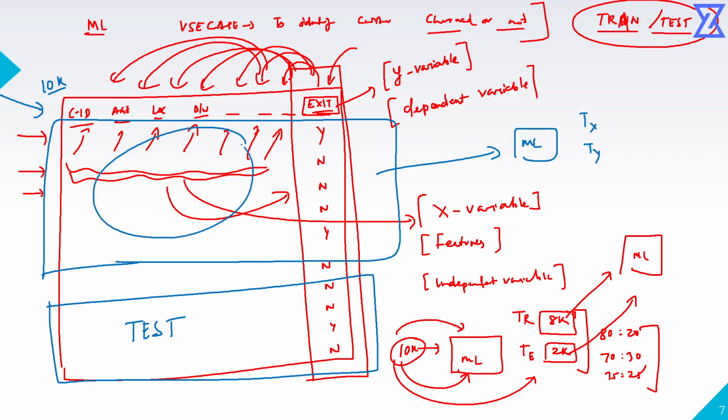That means this data and this data I will feed, and I will create my model. Once my model is ready, I will test it on my testing data. But while testing, I will not pass this data. I will only pass my testing x data. Okay, once again.